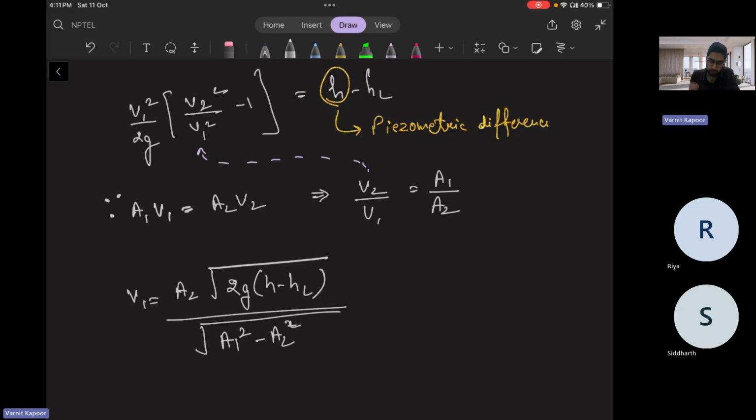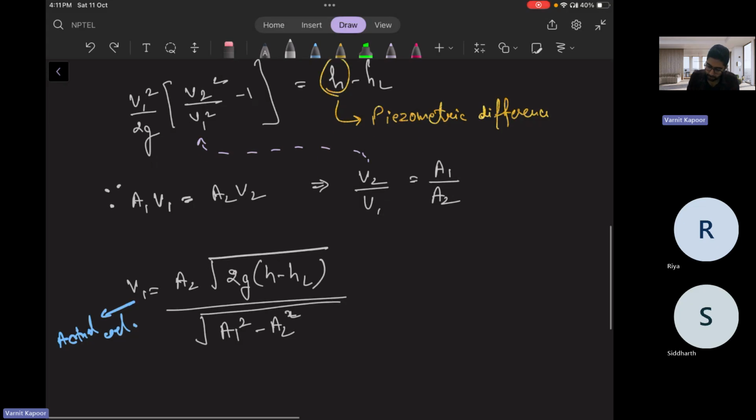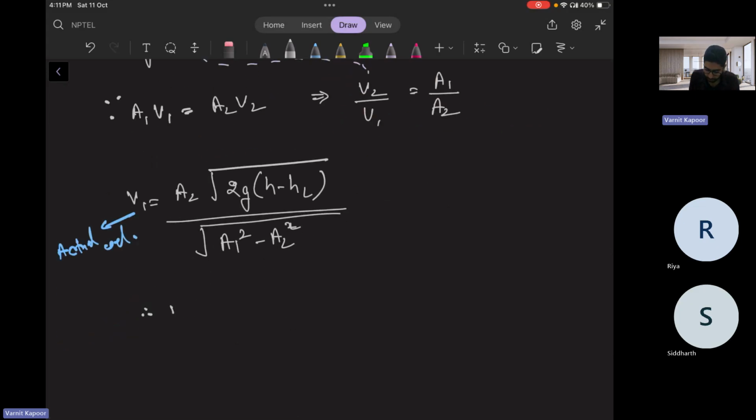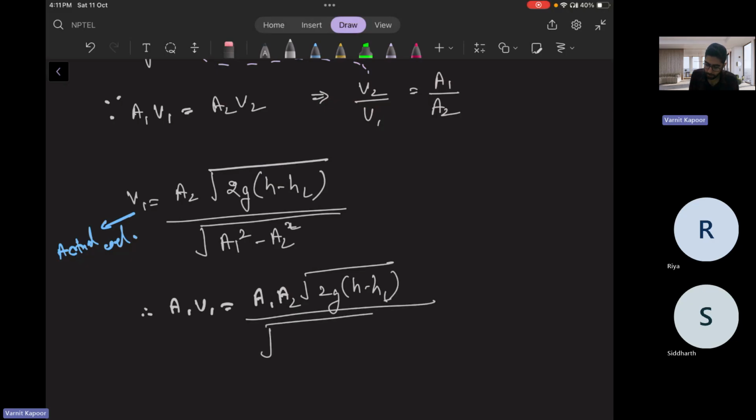So this is your actual velocity. So from A1 V1, if you put this V1 here, what you will get? A1 V1 is A1 A2 root of 2G H minus HL by under root of A1 square minus A2 square.